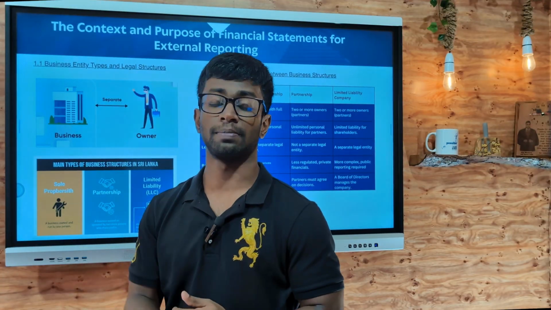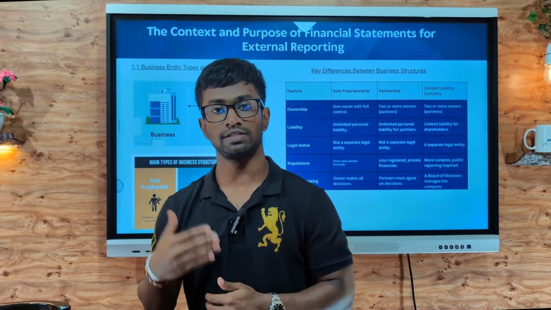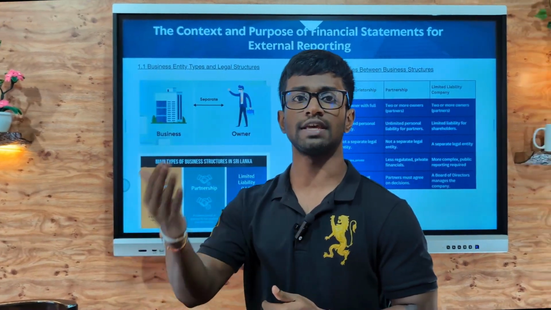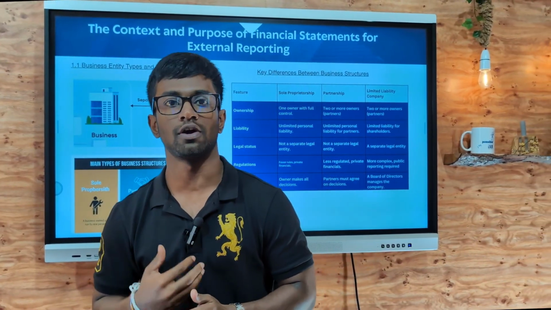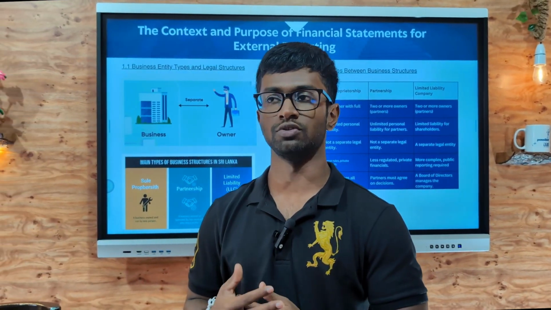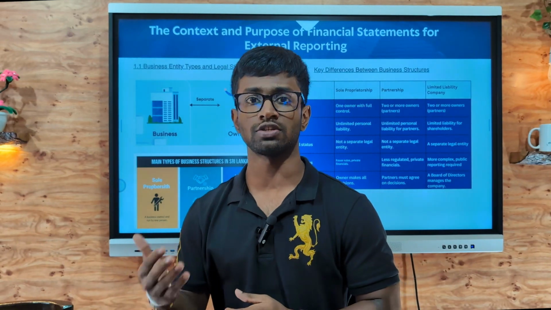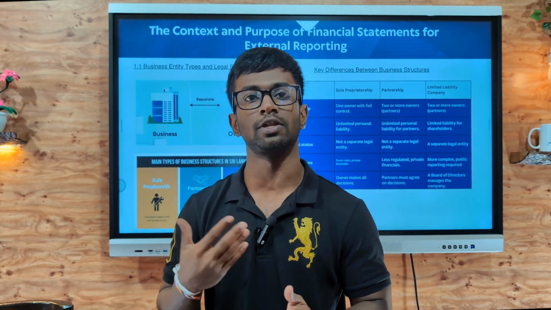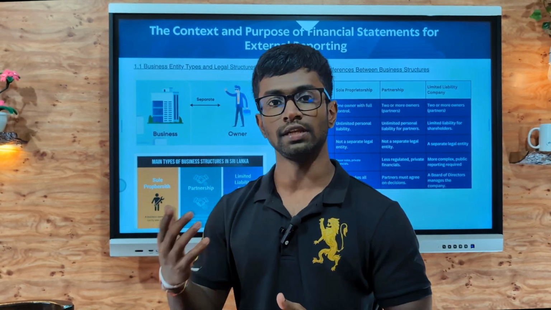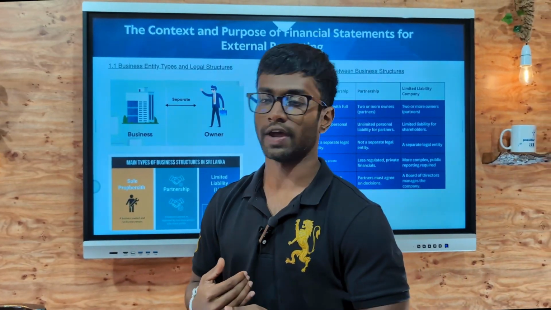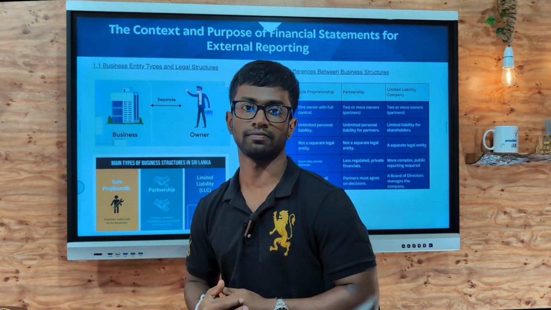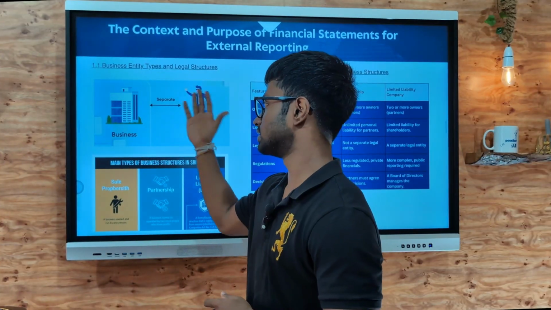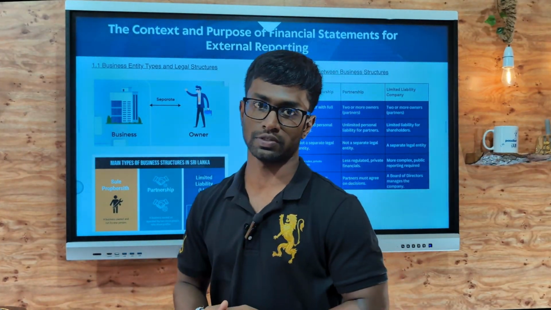As an example, say the owner is taking something out of the business. We call those drawings. Drawings also we have to account. Even though the business belongs to the owner, we still account drawings. Why? Based on the business entity concept, in that it says business and the owner are two separate elements.